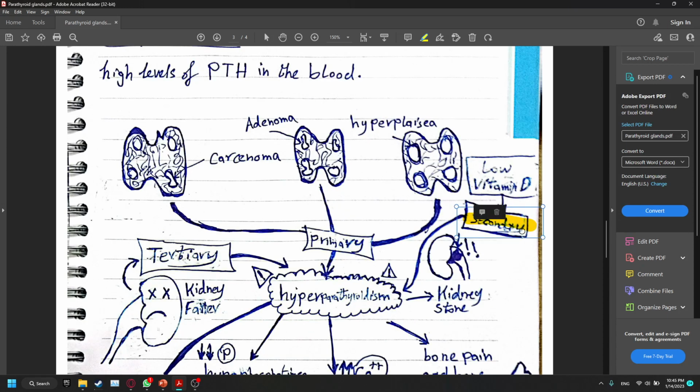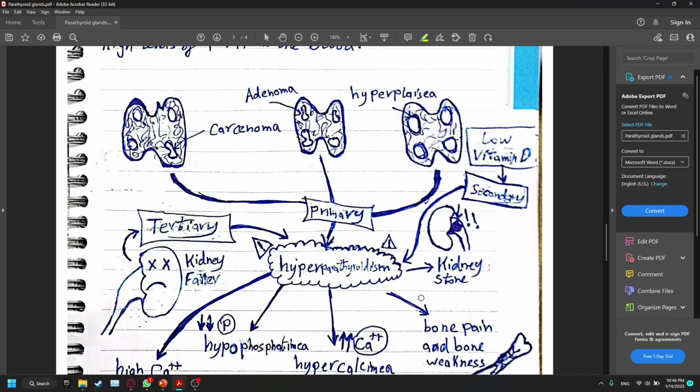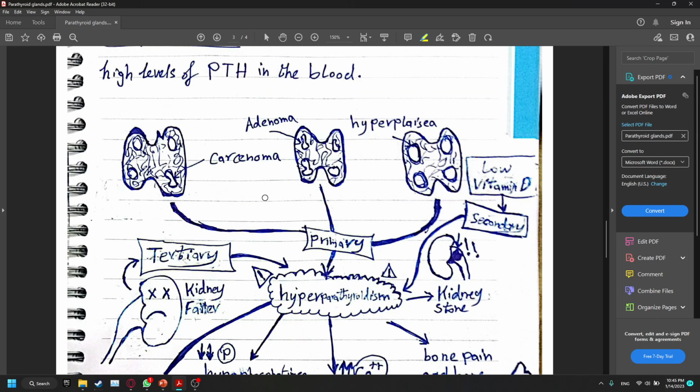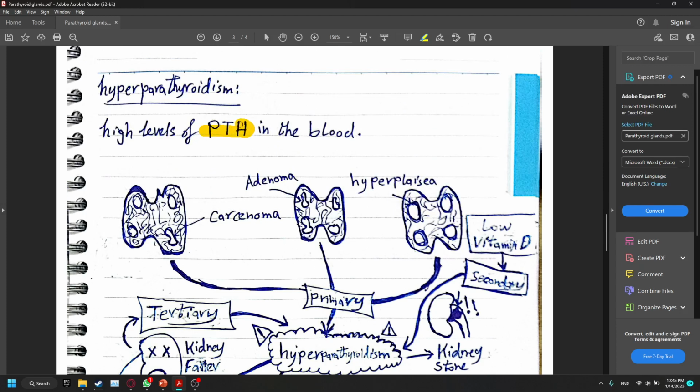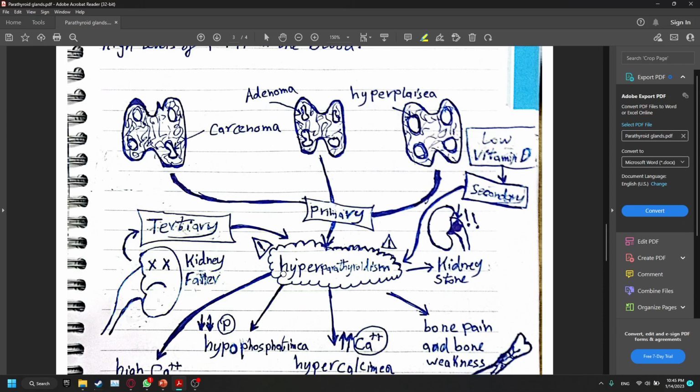That's a secondary cause, because vitamin D helps increase the calcium levels, and so when you have low vitamin D, you have low calcium levels, and your body has to do something about it. This is why it increases the production of PTH, and when you have too much of it, you have hyperparathyroidism.